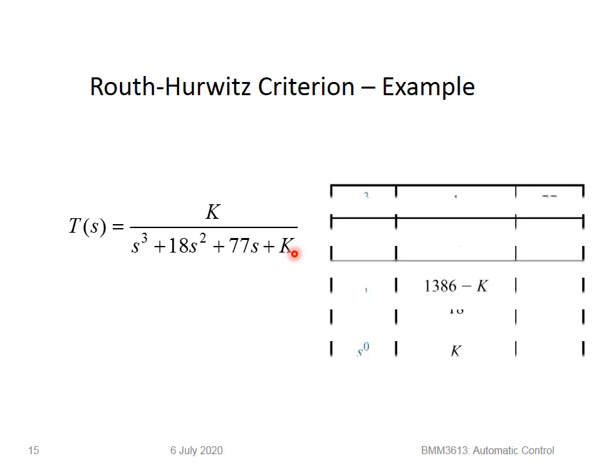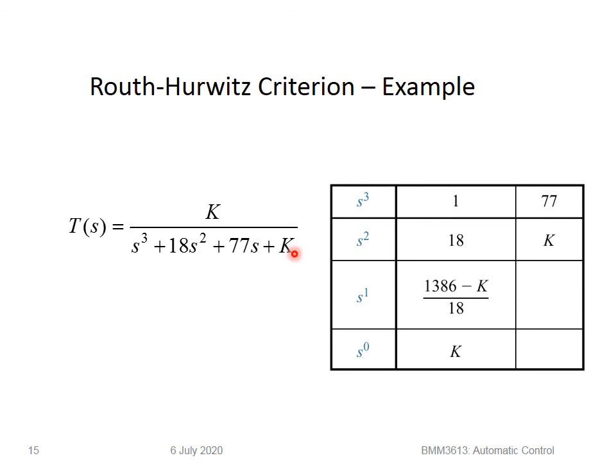So let's see if we have a variable, an unknown, inside our transfer function. Let's use our Routh-Hurwitz criteria to identify the stability of the system. So we are constructing the table. It has 4 lines, from S3 to S0: S3, S2, S1, S0.